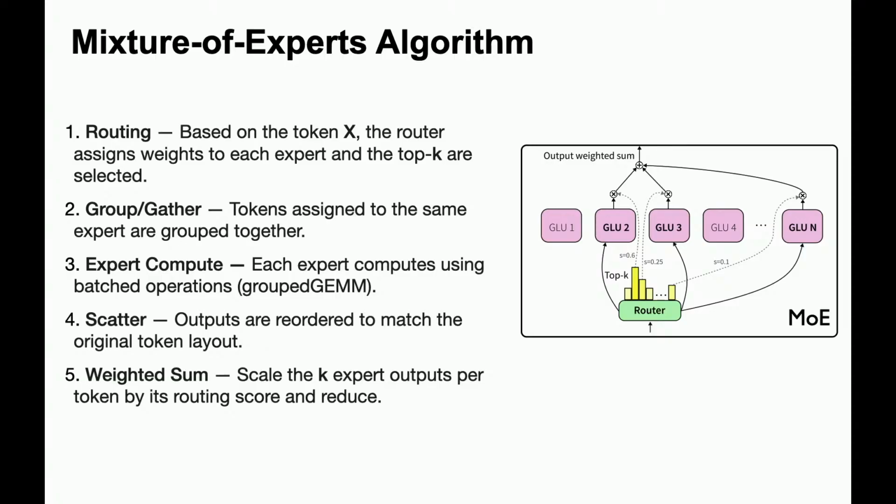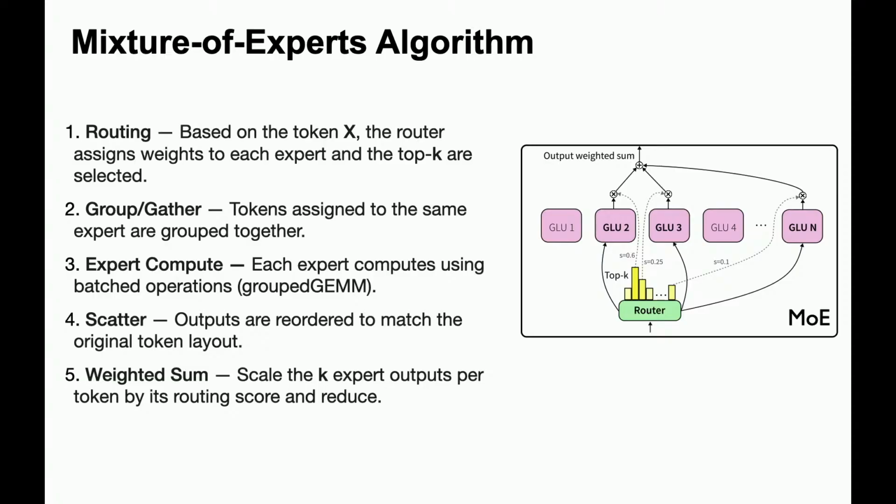Then you can call the group GEMM API from any of these libraries, which are highly optimized and backed by expert developers who write these hand-optimized kernels. Then you scatter the output back to the original layout and do a weighted sum, because you have these scores, so you weight your output by the scores and then sum them up.